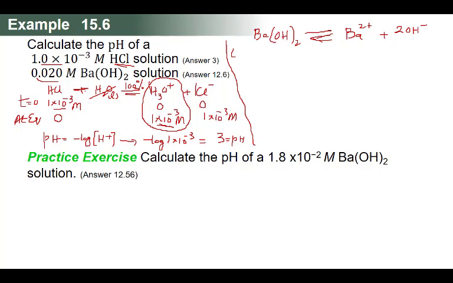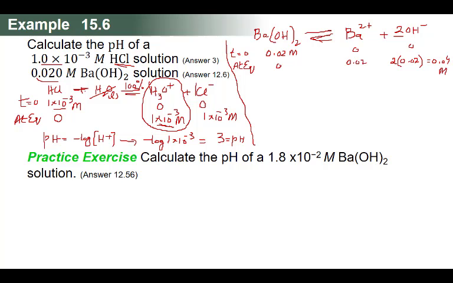So at time 0, in the beginning, the concentration of barium hydroxide was 0.02 molar and barium ion was 0, hydroxyl ion was 0, and as the time passes the system becomes at equilibrium. So at equilibrium it will be finished and change 100% to the barium ion, that is 0.02, but hydroxyl ion, because of this double, will be multiplied by 2. 0.02 times 2 will be equal to 0.04 molar concentration of hydroxyl ion.